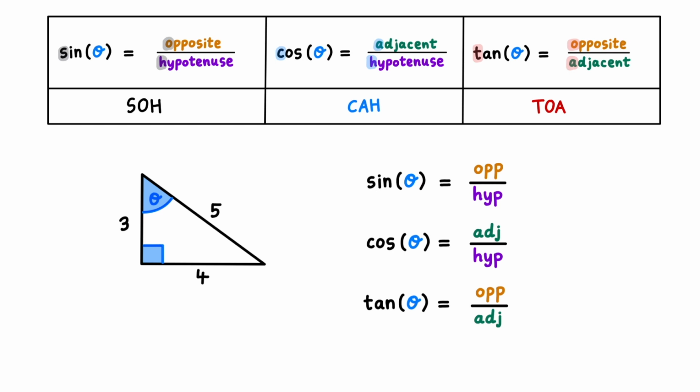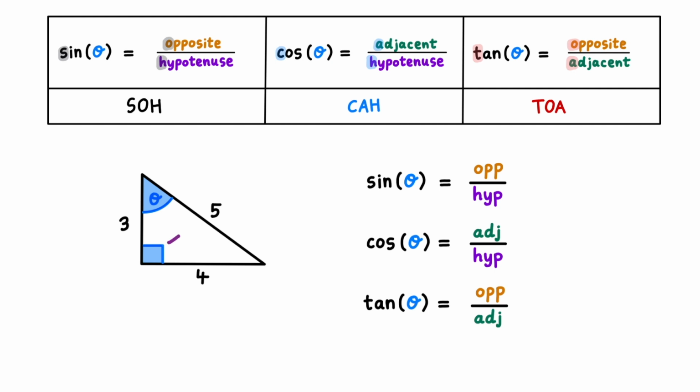In this triangle, one angle is labelled as a right angle, and another angle is labelled as theta. The three sides are labelled 3, 4, and 5. To find the sine, cos, and tan of theta, the first step is to label each of our three sides.